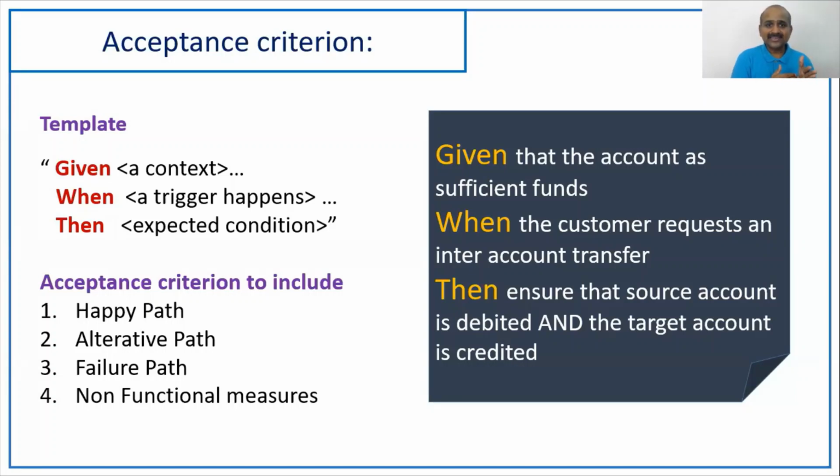So friends, what I'm telling here is, given a context, when a trigger happens, then an expected condition happens. Many agile teams that I've worked with or listened to do not give much importance to this. Why? Because they have some tool, and they just write the expected conditions.